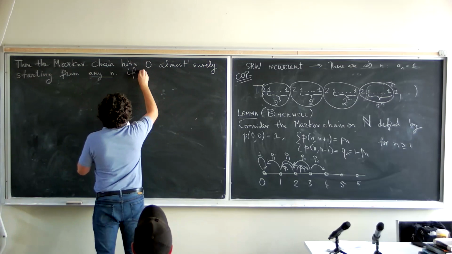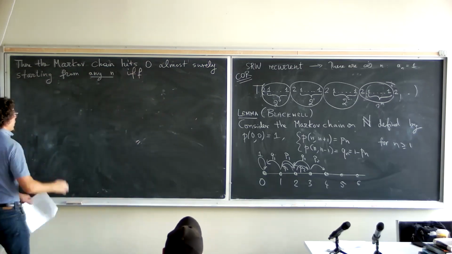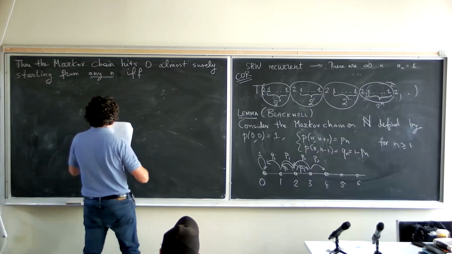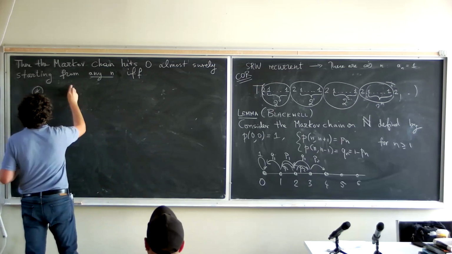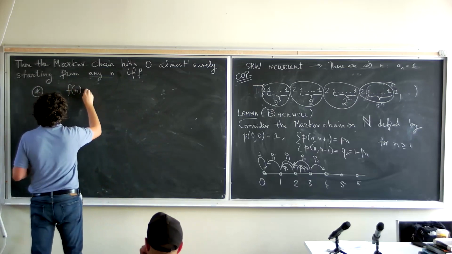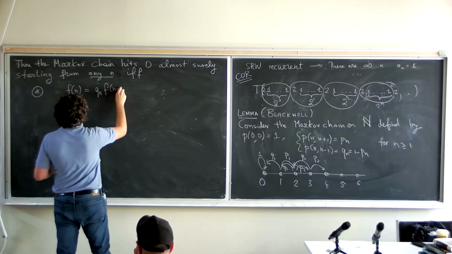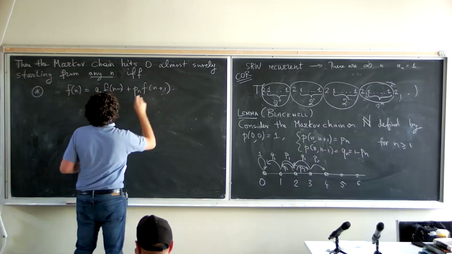if and only if, and you see that the condition will be related to what we will call a harmonic function. So if you have the following equation: f of n equals Qn f of n minus 1 plus Pn f of n plus 1. So this is an equation.